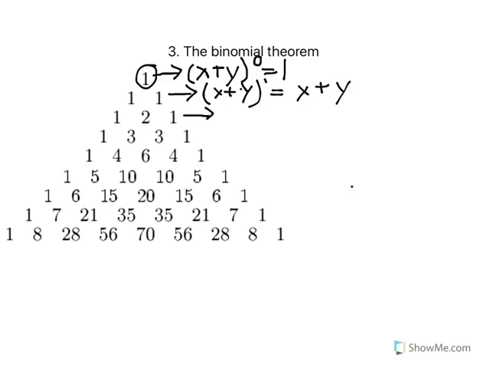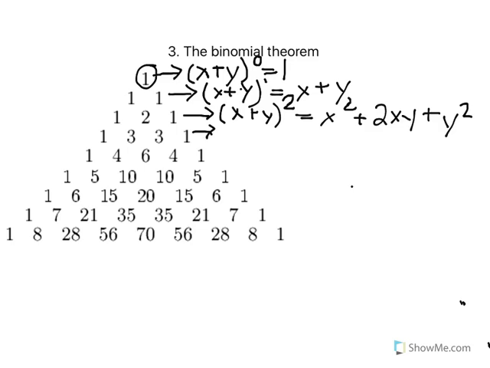Here we are with row 2. (x plus y) to the second power is x squared plus 2xy plus y squared. Moving on to the third, it is (x plus y) cubed.